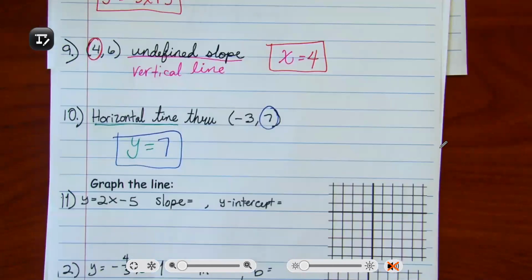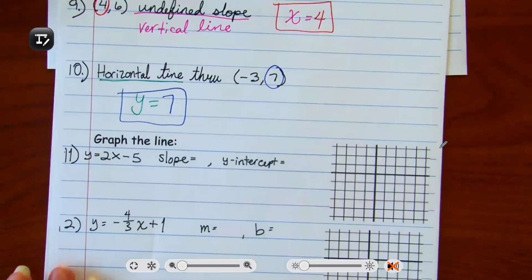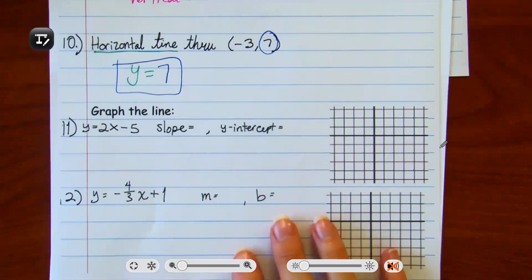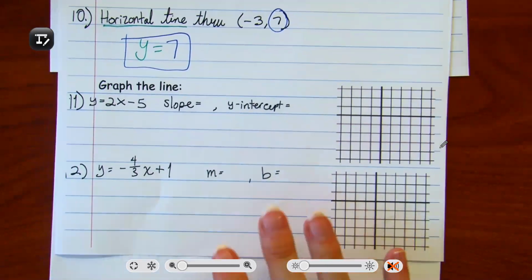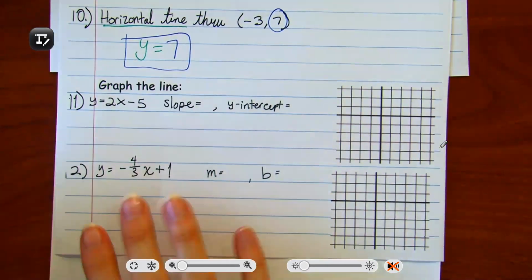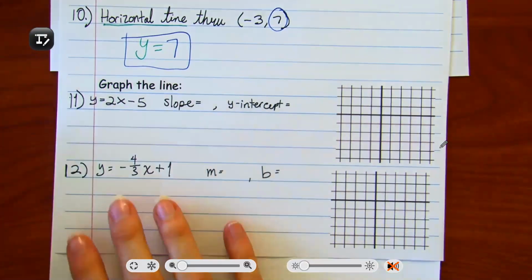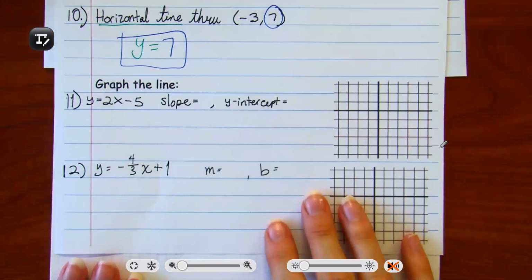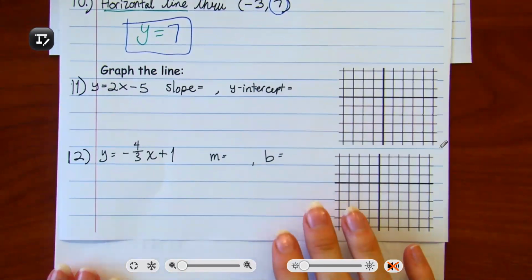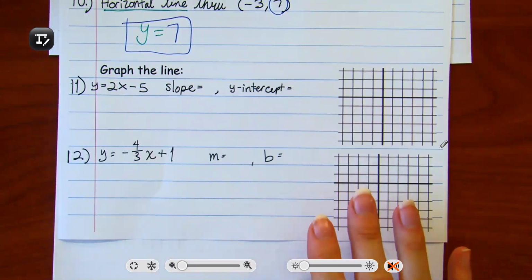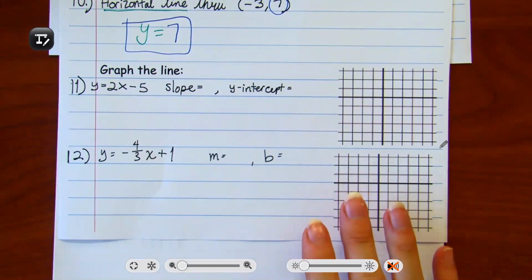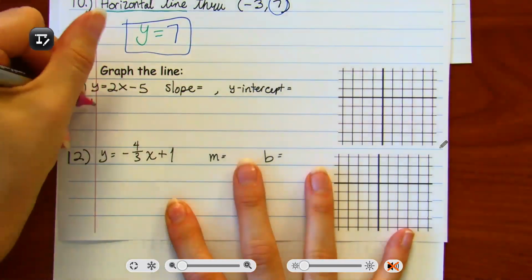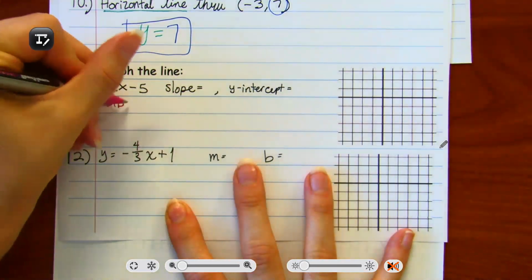All right, so now we're going to look at graphing lines using the slope and the y-intercept. All right, so first thing I like to do is make sure that the equation is in slope-intercept form, y equals mx plus b, which this is, and then compare that with this actual slope-intercept form, y equals mx plus b.